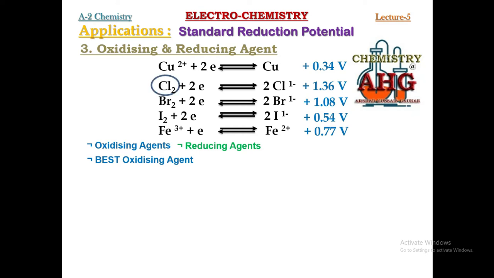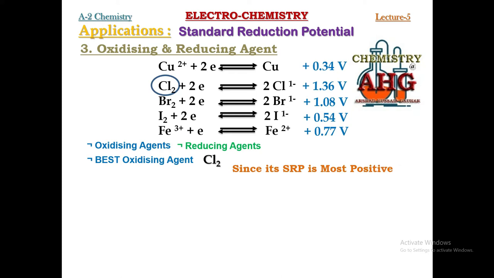So why chlorine? Because you can see it has produced maximum voltage out of these five half cells, and it can produce 1.36 volt when it is undergoing reduction. So your answer for best oxidizing agent would be: chlorine gas is the best oxidizing agent. And what reason will you write down? You will write down that its standard reduction potential is most positive.